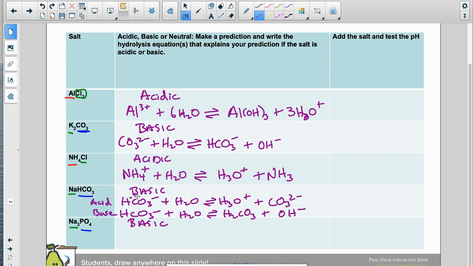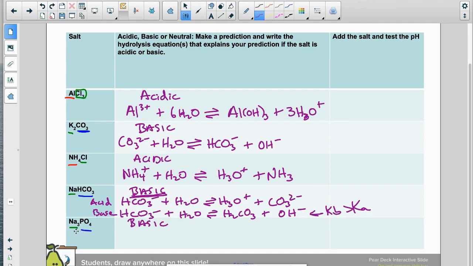And since the overall salt, okay, if we did not know in advance that it was basic, we'd have to compare the Ka to the Kb of these things. But since we know that it's basic, we know that this Kb must be greater than Ka here. So it results in a basic solution.